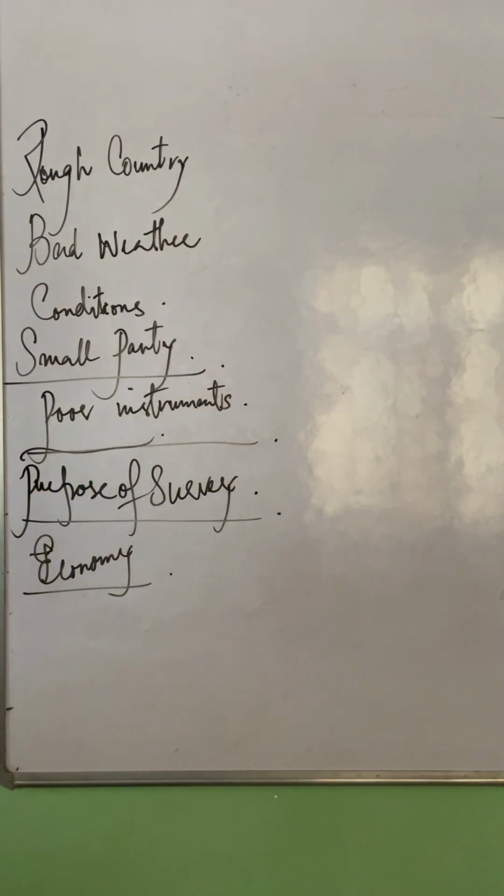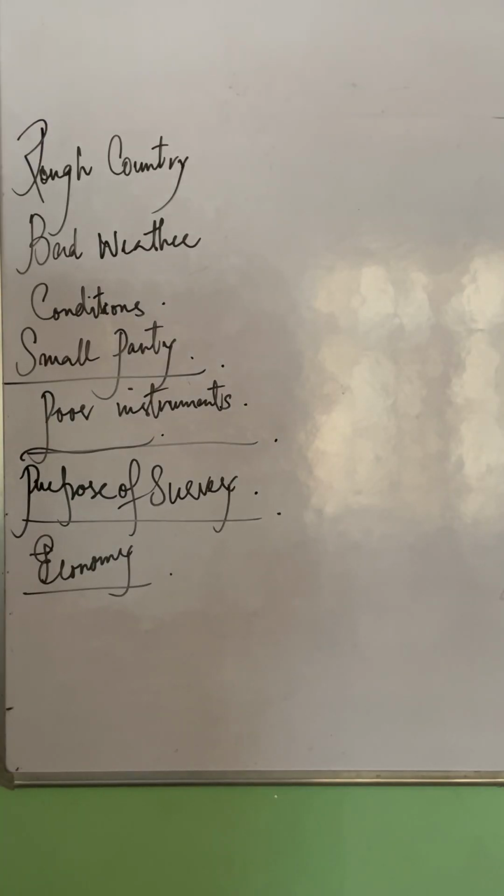So he will manage his time, his resources, his money, and accordingly he will make a judgment of how much permissible error he will keep in his measured quantities. All right. Because permissible error is our maximum allowable limit that a measurement can vary from its true value.